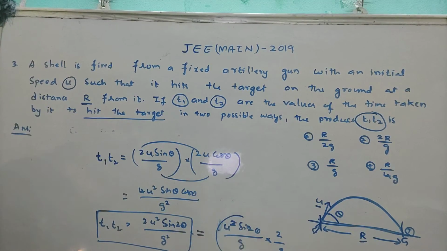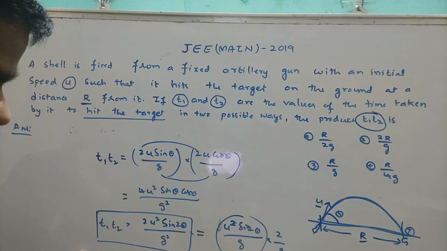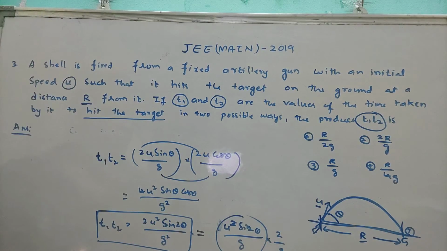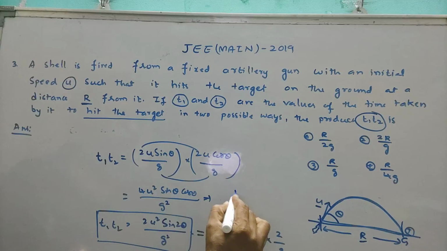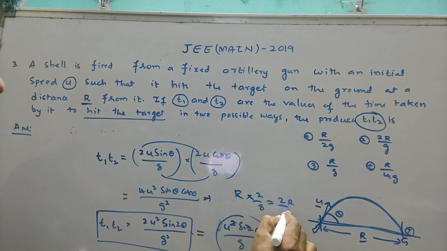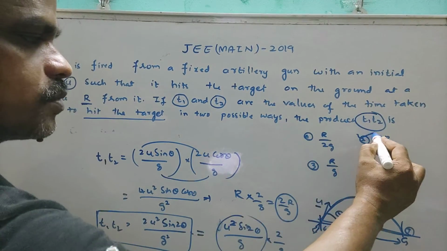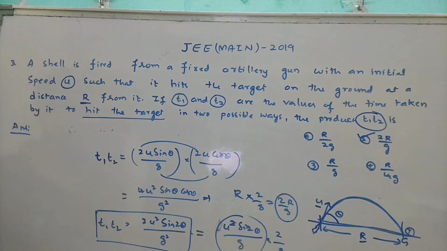Now u square sin 2 theta by g is nothing but r, into 2 by g. Just substitute, this will be r into 2 by g, so you will get 2r by g. So 2r by g is the answer. The second option is right.